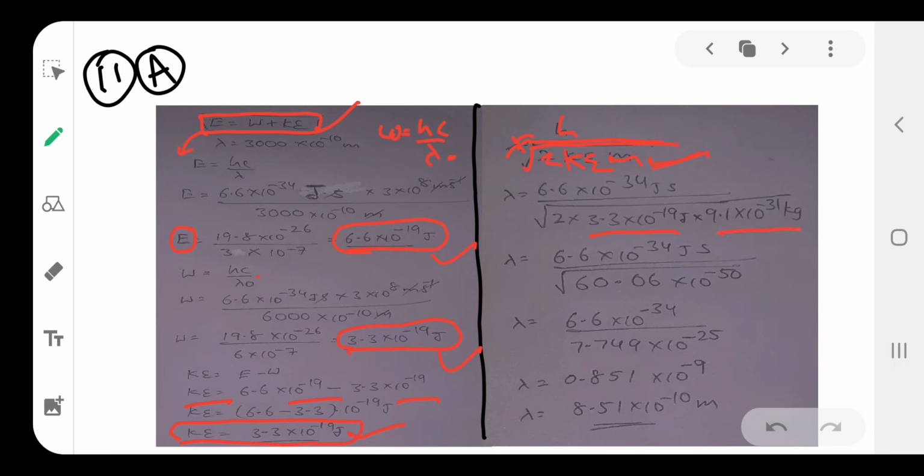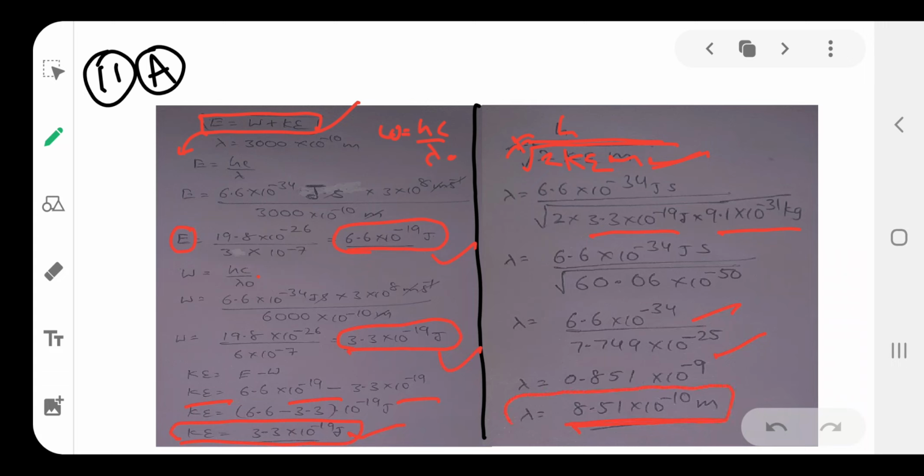The total calculated value inside the root is 2 into 3.3 into 9.1, which is 60.06 into 10 power minus 50. Taking the root, the value is 7.749 into 10 power minus 25. Then 6.6 into 10 power minus 34 divided by 7.74 into 10 power minus 25 gives 0.851 into 10 power minus 9, or moving the point by one digit, 8.51 into 10 power minus 10 meter.